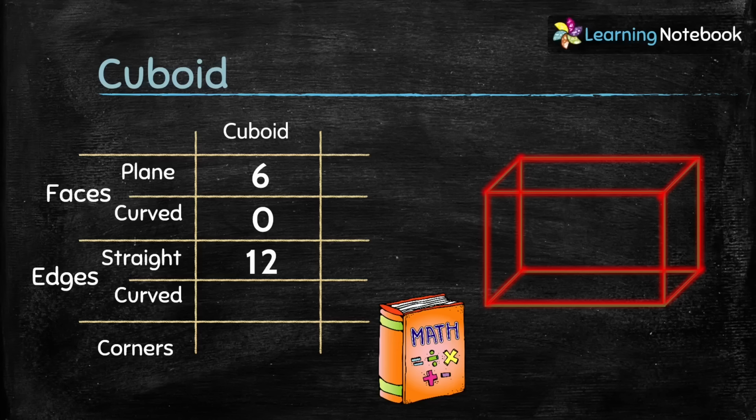And cuboid has 0 curved edges. And lastly, corners. A cuboid has 8 corners as shown here. So students, did you notice cube and cuboid have same number of faces, edges and corners?